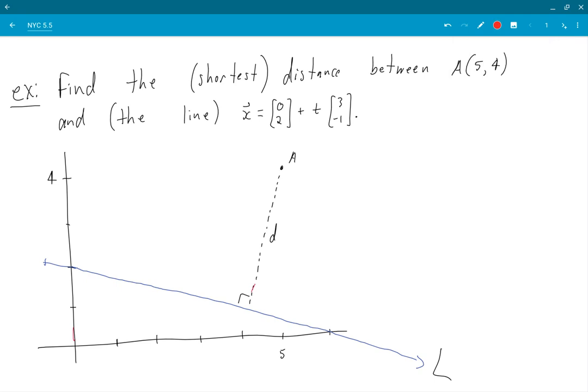Okay, so this one here, what am I going to do? I'm going to find a projection that will help me find D. D is what I want. So I'm going to draw the vector that goes from 0, 2 to the point A, and we'll call that vector V. And what is V?